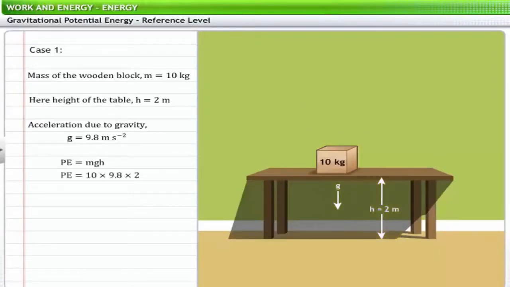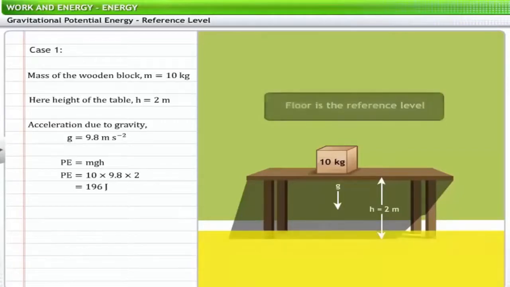Calculations show that the gravitational potential energy of the block is 196 joule. As you can see, these calculations determine the gravitational potential energy of the block with respect to the floor. Hence, here, the floor is the reference level.